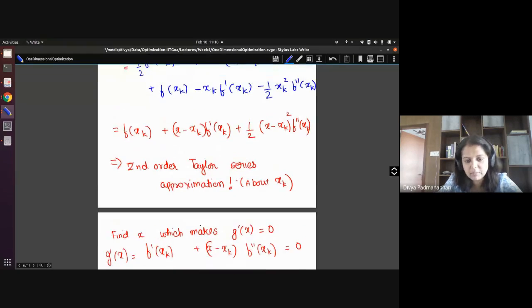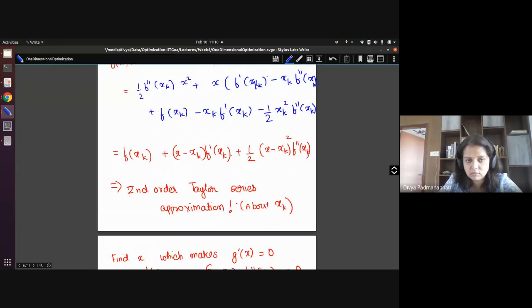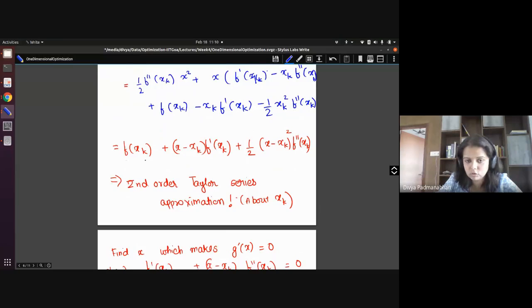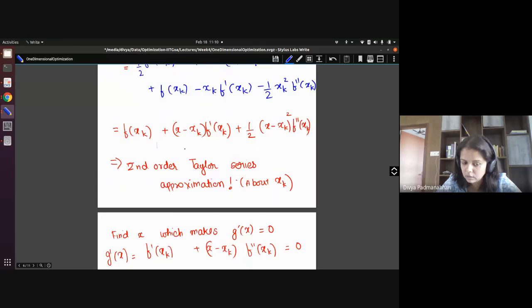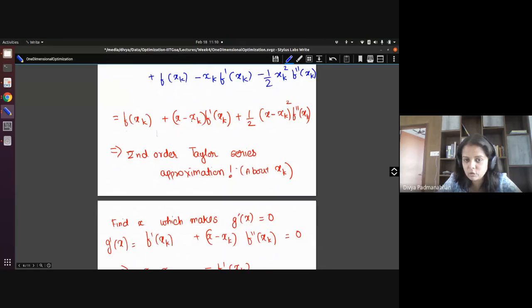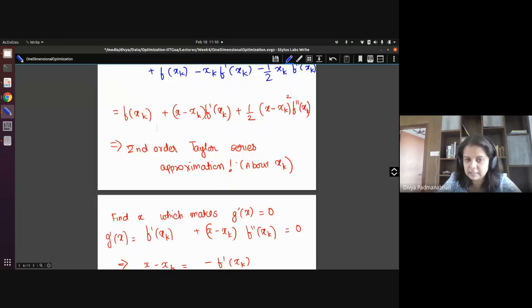If you take the derivative of this function, the first term is a constant, and you have f dash xk and the term x minus xk times f double dash xk, and that has to be 0.